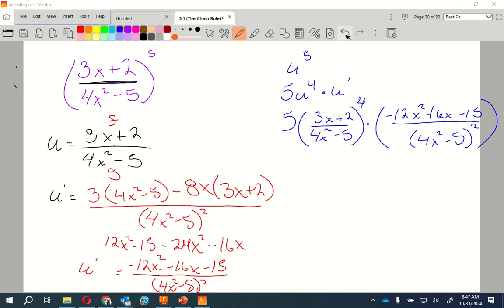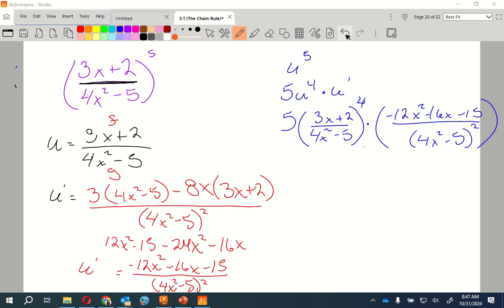Okay, so where would the 5 be able to distribute into? Okay, numerator, but where? Why can't I put it into this one right here?